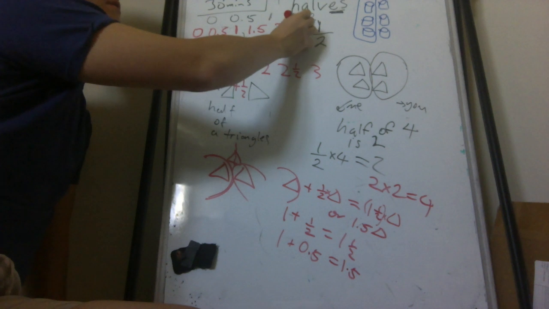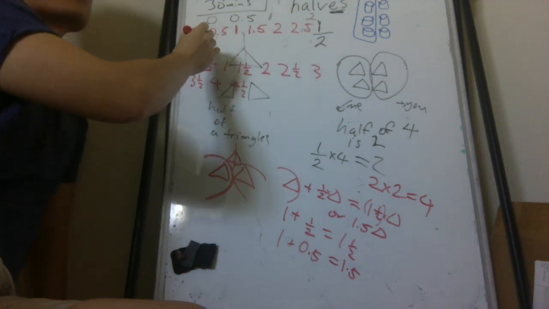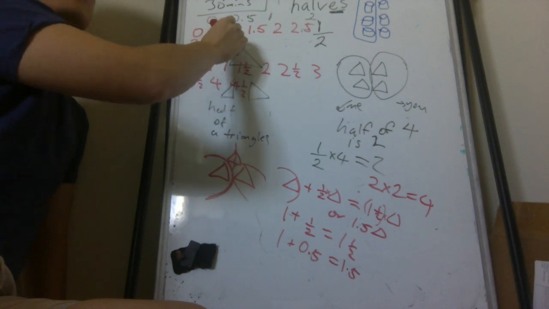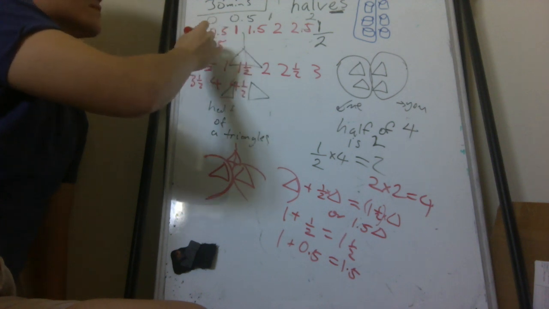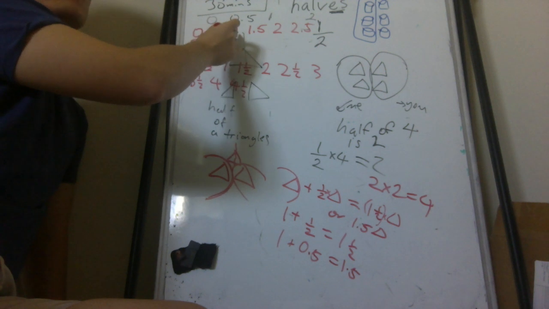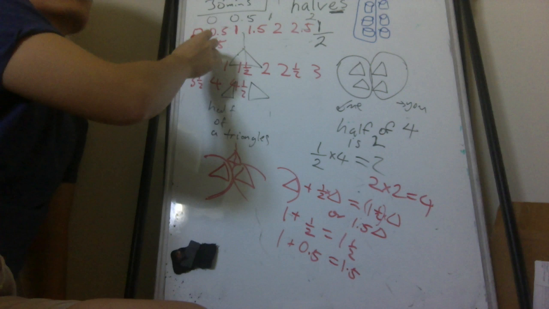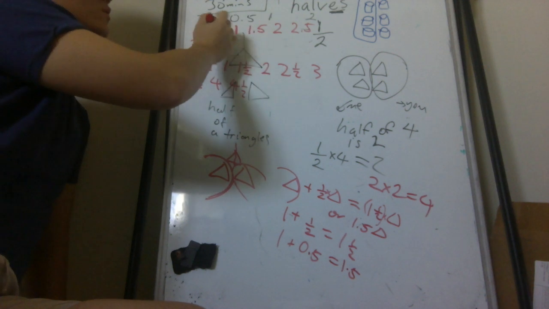So here it'd be 0, 0.5, 1, 1.5, 2, right? 2.5, 3, 3.5, and then what's next? 4.5. So 0, 0.5, 1, 1.5, 2, 2.5, 3, 3.5.